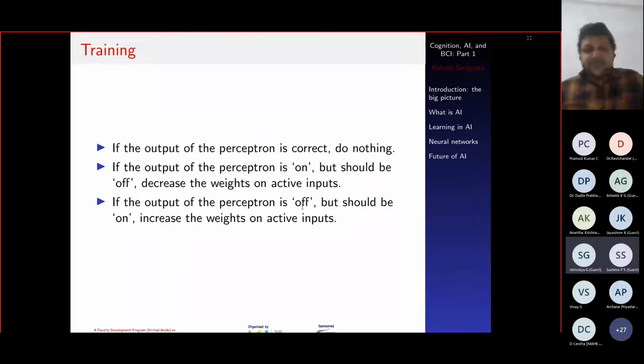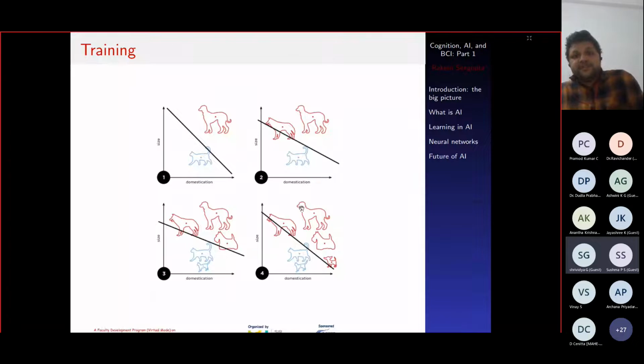So with this Hebbian learning rule, when it was proposed, the perceptron could do some things very well, but it did not do everything, because a single layer perceptron could only solve problems that were linear. Any problem that involved non-linearity, it could not solve. For instance, it could solve the problem of simple dogs versus cats. You can see that more and more examples are being added to the training set.